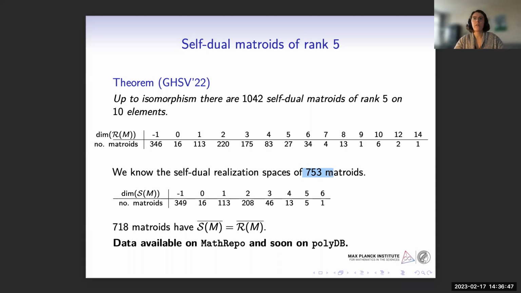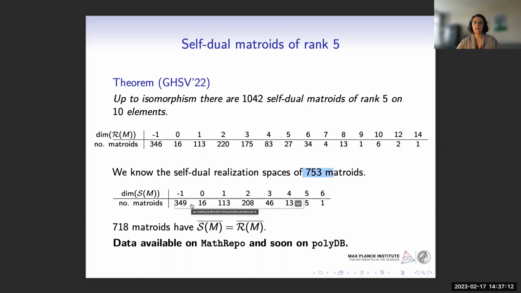And one interesting result that we see from just these two tables is the number of not realizable matroids. So this is over characteristic 0. Of course, realization is always depending on which field we choose. We choose a characteristic 0 field. Here, the number of not realizable matroids is smaller than the number of not self-dually realizable matroids.